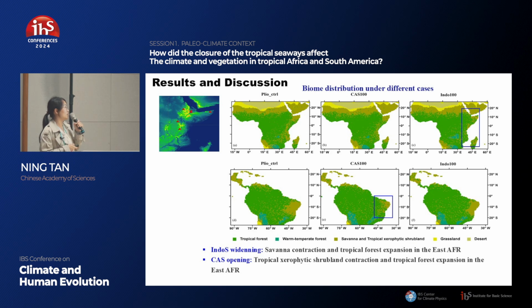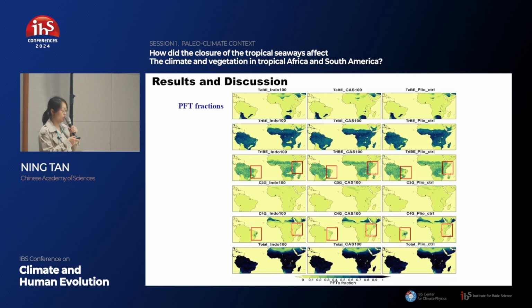And when comparing the opening of the Caribbean seaway with the control, we can find the expansion of forest in the northeast region. This corresponds to the climate, especially the precipitation change resulting from the seaways change. And this is the PFT fractions. The major changes in the PFT fractions are for the tropical broadleaved evergreen and C4 grassland.